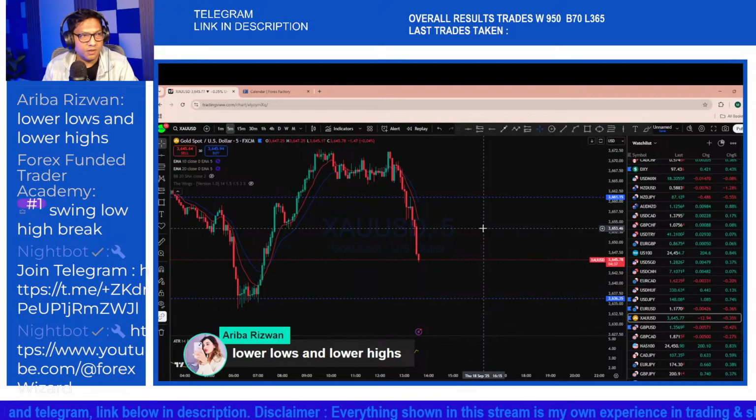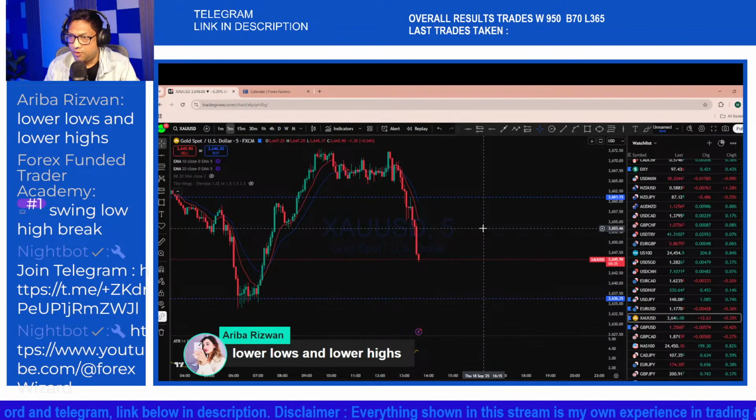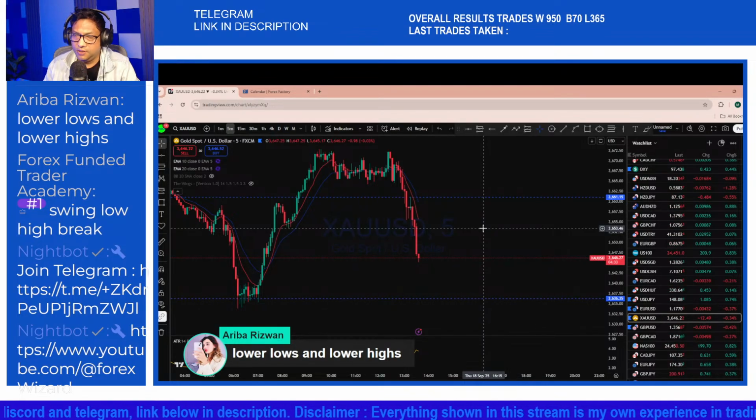It has completely moved in the direction of the fair value gap.